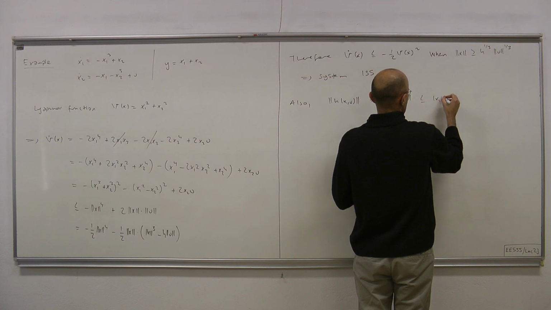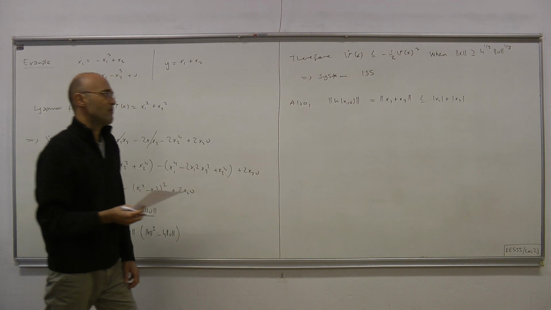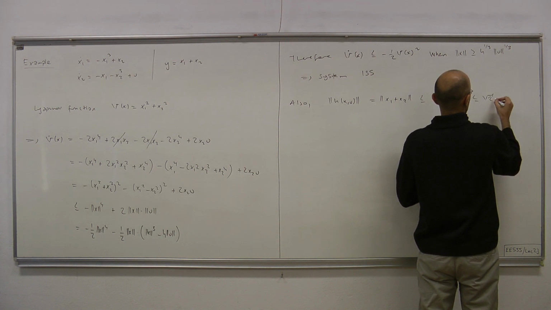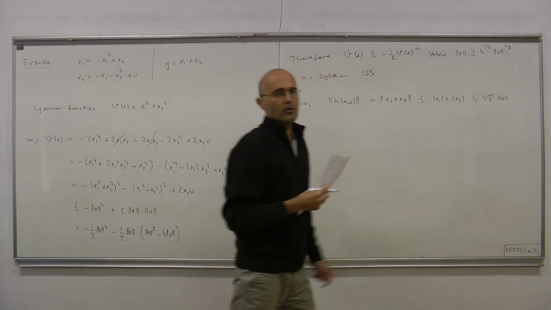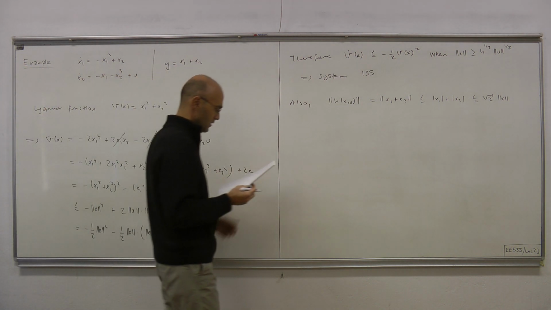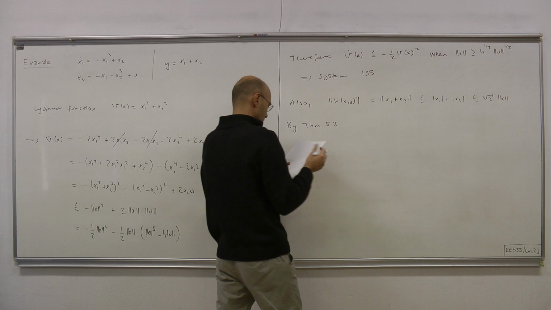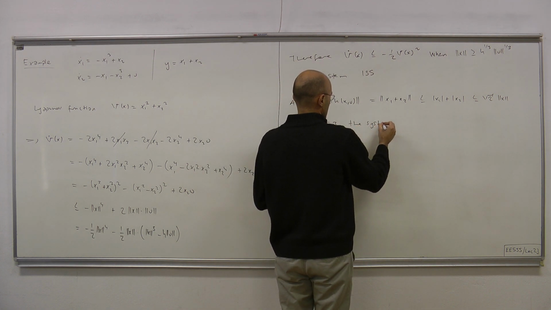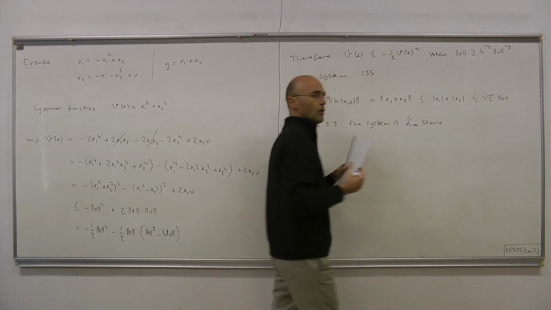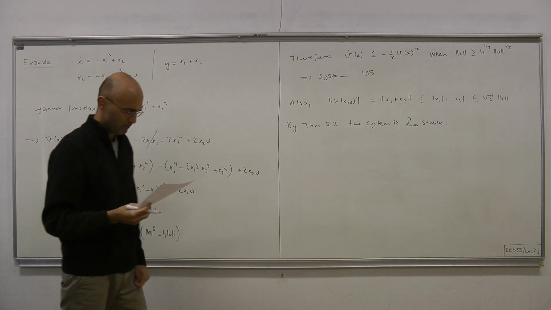That can be upper bounded by the one norm of the state, and the one norm of the state can be upper bounded by the square root of 2 times the 2 norm of the state, and by that we have the second condition also satisfied. Finally, by the previous theorem 5.3, the system is L infinity stable. Okay, so it's a bounded input, bounded output system in the L infinity sense.